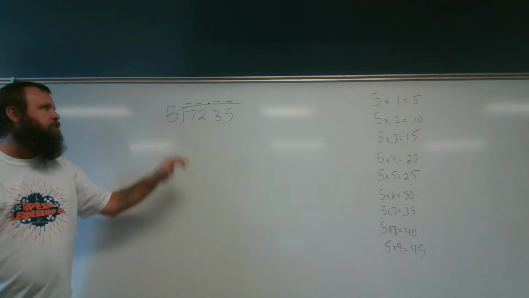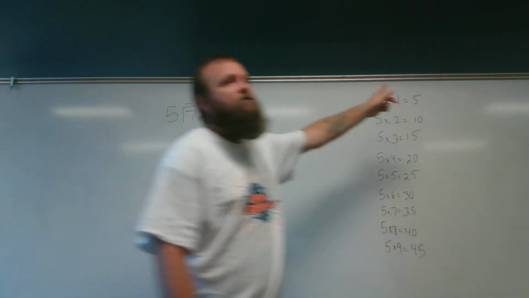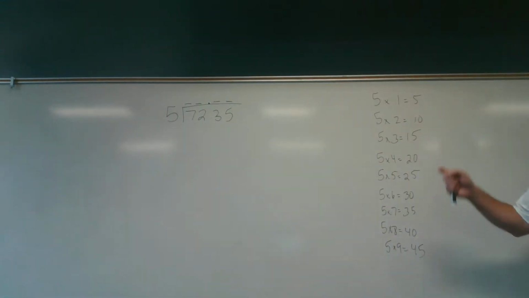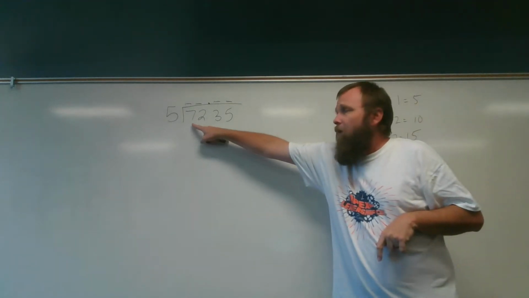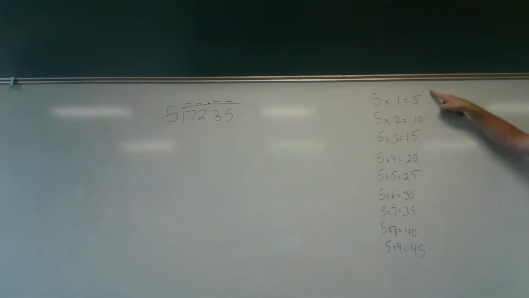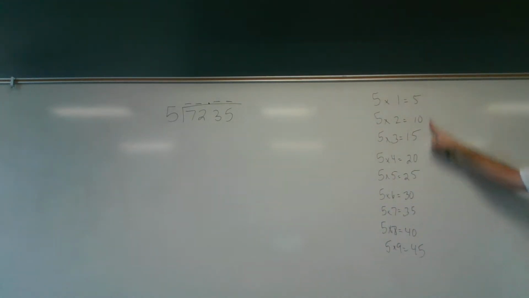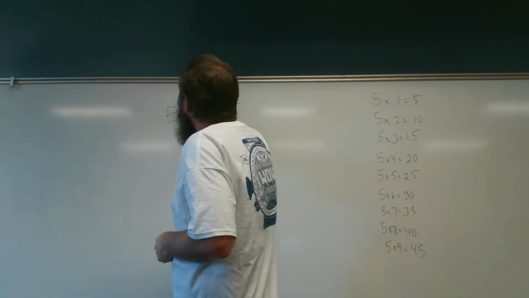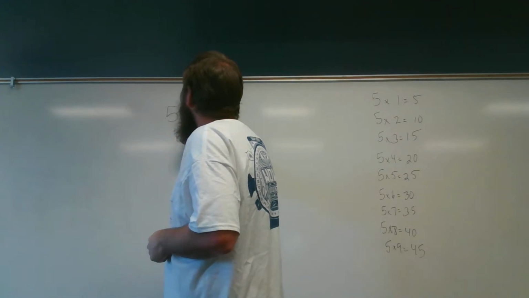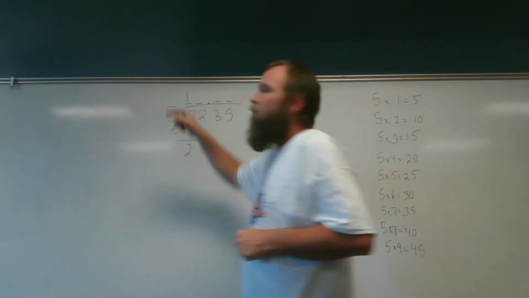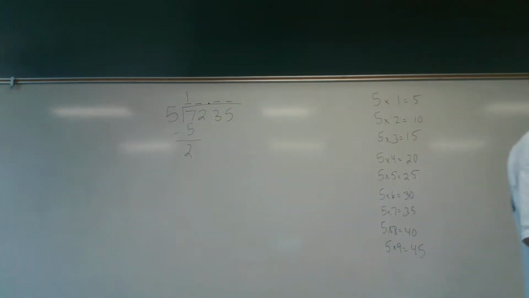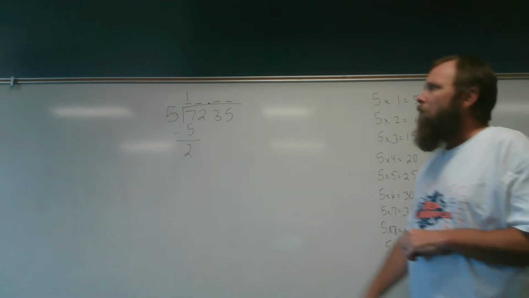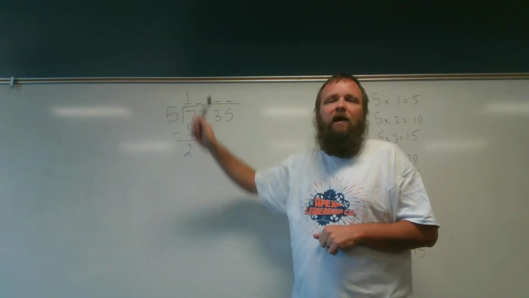Very important. JJ, looking at our multiple list over here, I need a multiple of 5 that is as close to 7 as I can get without going over. 5 times 1, which is 5. And then I subtract. Okay, now I know that I'm going to have less than 20 as my answer.